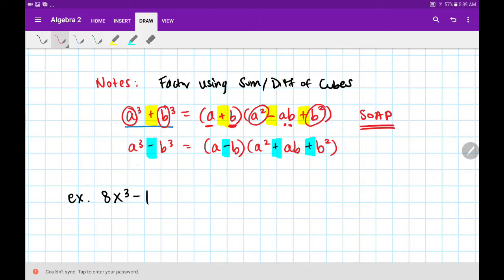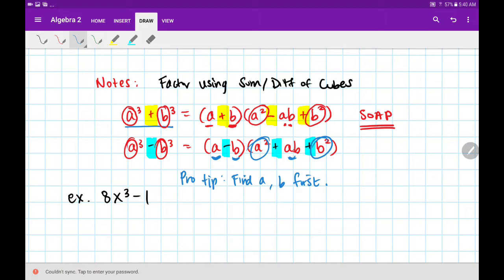So that's the same exact process here. You'll find your A and find your B. That's what I call a pro tip. Pro tip: find A and B first. Once you've found A and B, you just rewrite them in here. Then you square your A, multiply the two together, and then square your B.